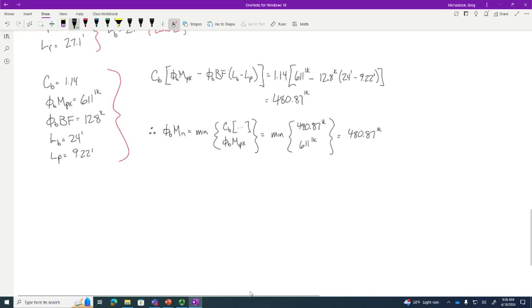So here we've got 480.87 foot-kips as phi Mn. What do I compare that against? I compare that against this right here.